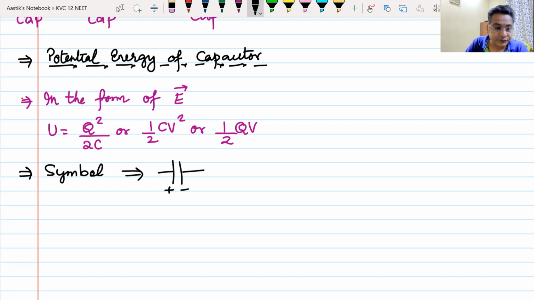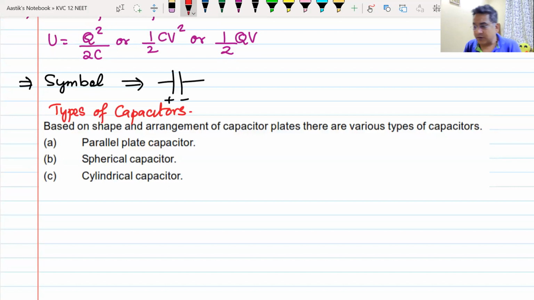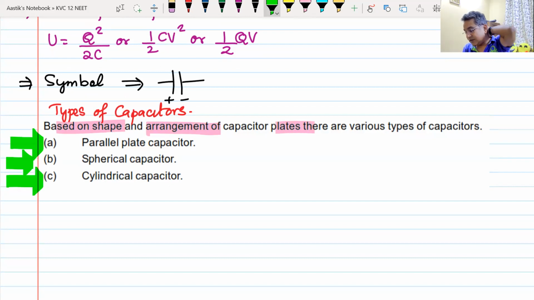Now, when we talk about the types of capacitor, depending on the arrangement of plates and the shape of plates, you can have three types of capacitor. The first one is known as the parallel plate capacitor. The second one is known as the spherical capacitor. And the third one is known as cylindrical capacitor.